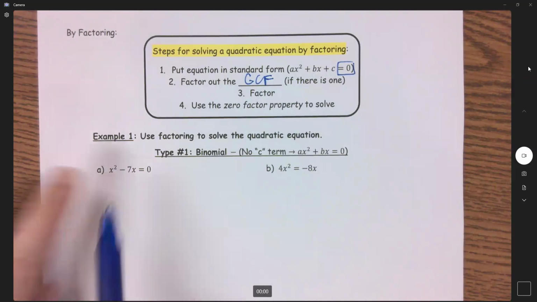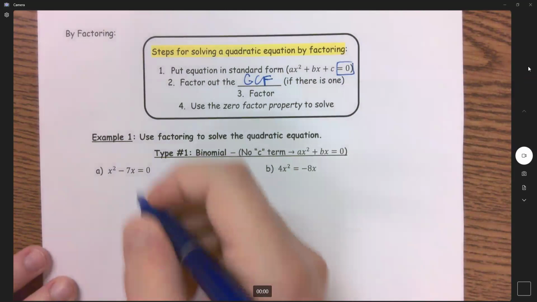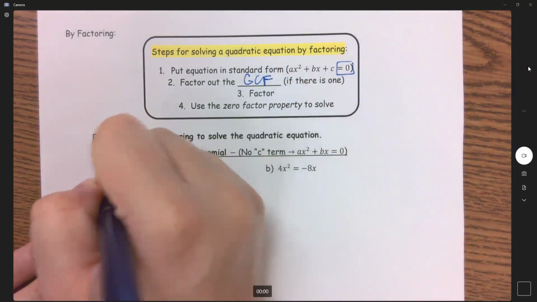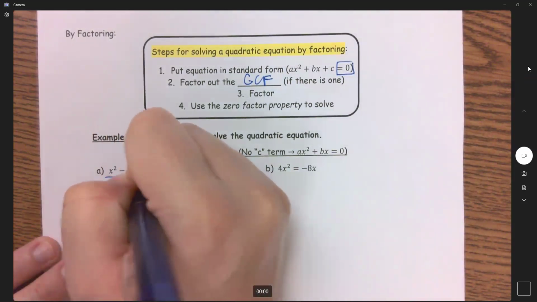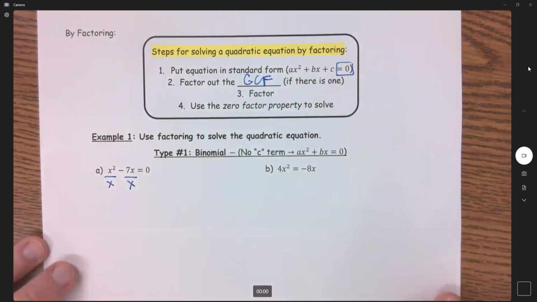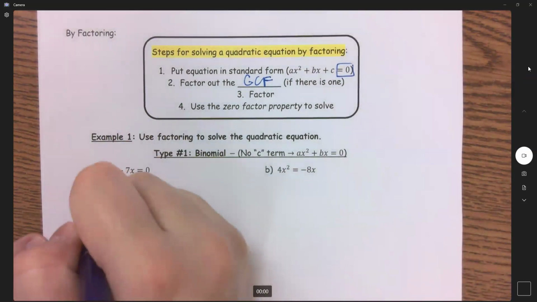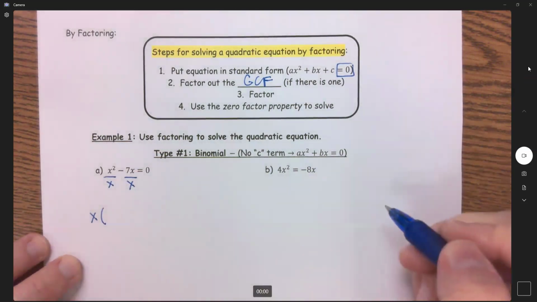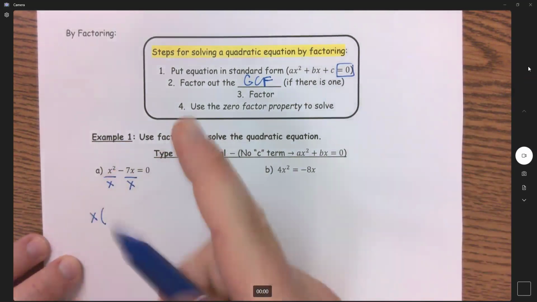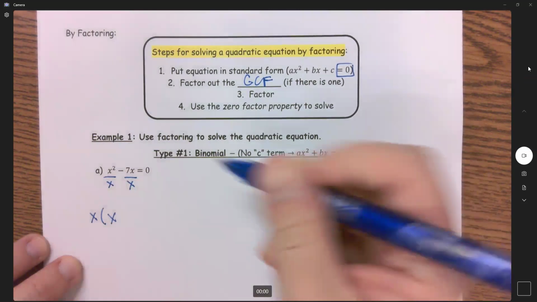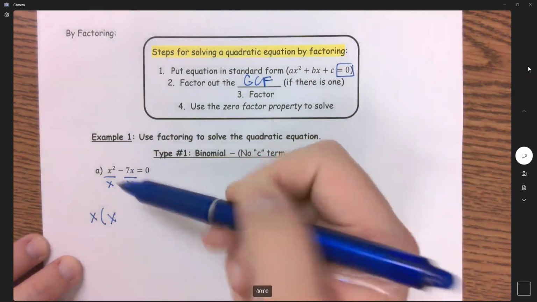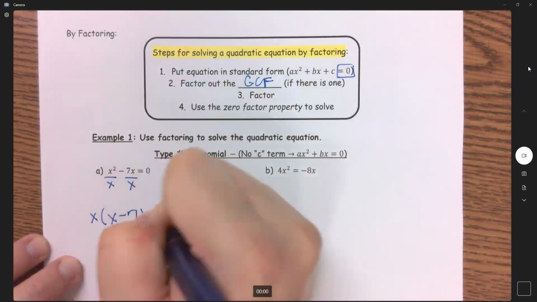And that is an x. So when I factor out an x, you need to think about this as dividing that GCF out of both of those terms. So that GCF comes outside. X squared divided by x is x, and negative 7x divided by x is negative 7.